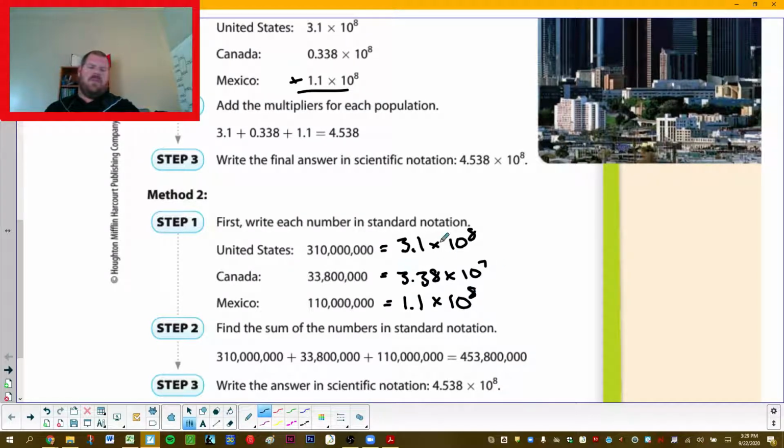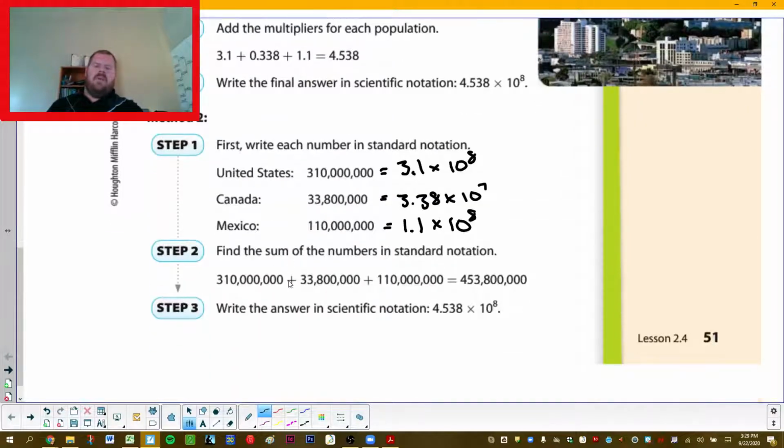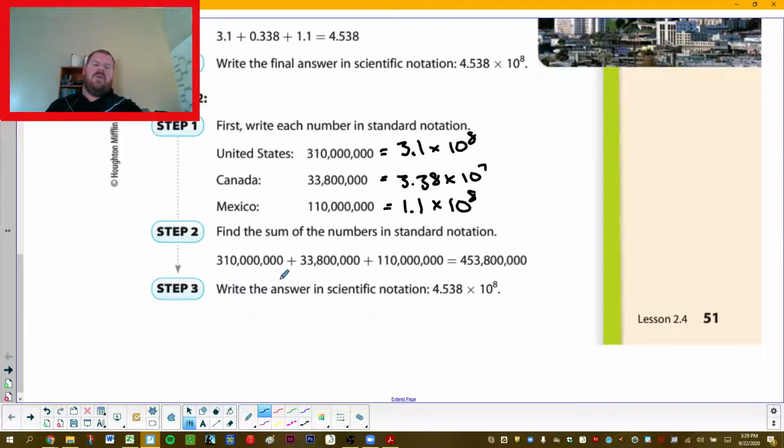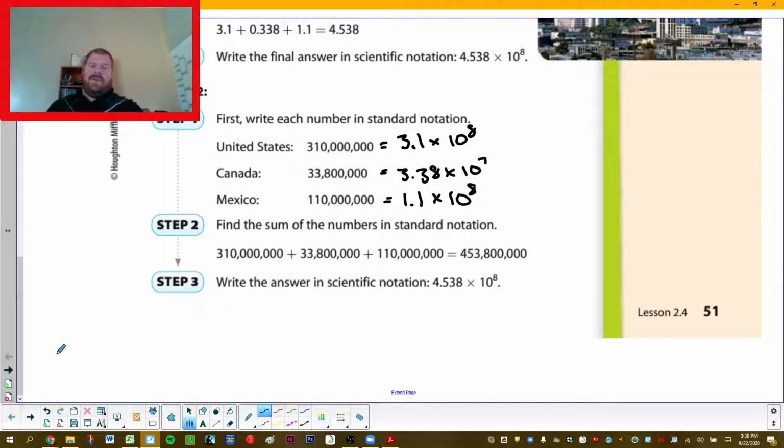They took those 3 values, put them into standard notation, and then added them. Of course, this gives you bigger numbers, more digits to deal with when you're adding, but it's just addition. I think we can do it. It's not a bad way to go.